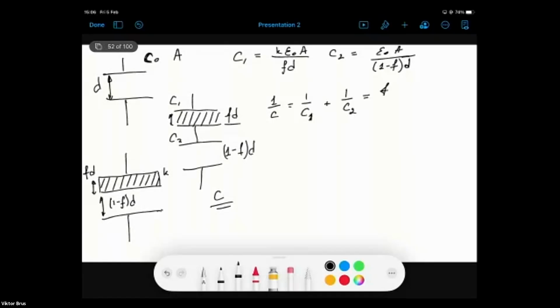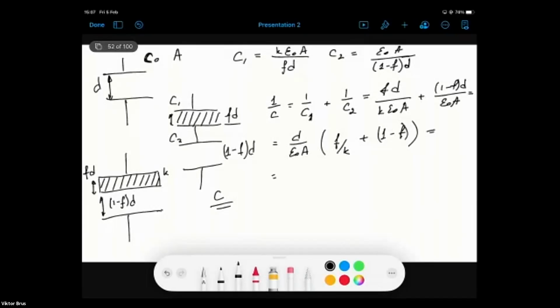This will be F times D divided by K epsilon 0 A plus 1 minus F times D divided by epsilon 0 A. We can factor out D divided by epsilon 0 A. So here we have F divided by K plus 1 minus F. And we can put it in the common numerator.